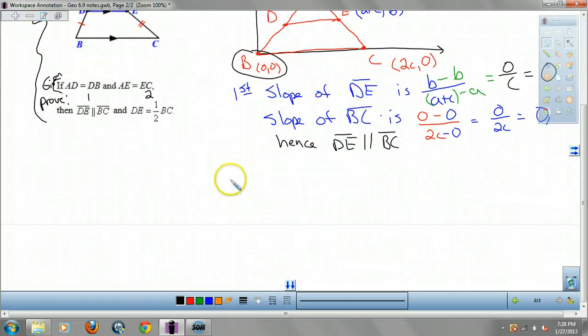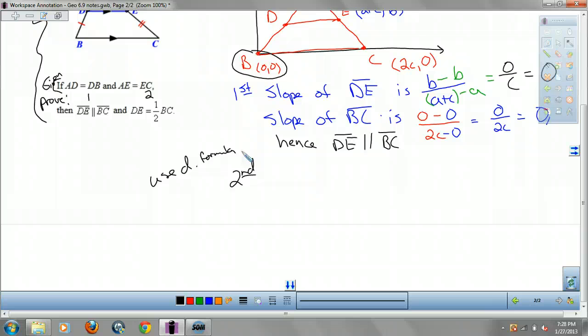Okay, so my second part of the proof. We have to prove that DE is half the size of BC. So we're going to use distance formula. Use your D formula. Whenever you're talking about size, you gotta use your distance formula. If you're talking about parallel, perpendicular, you gotta use your slope.